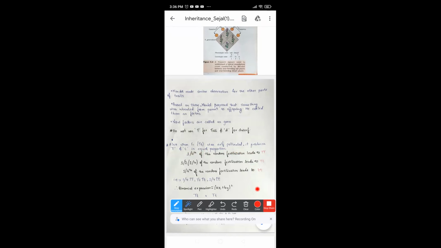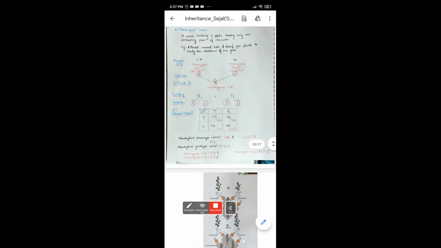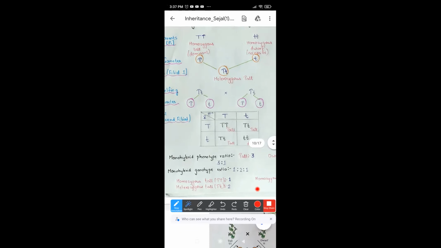What does equal proportion mean? It means one heterozygous tall produces one capital T and one small t, that is, they are in equal ratio.